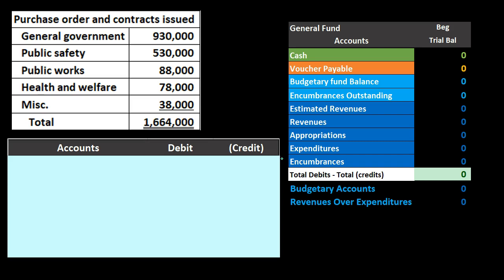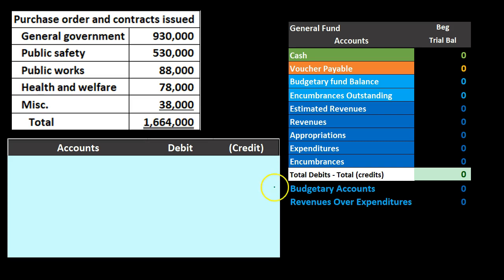It's going to start at zero, it's going to go up, and then it's going to go back down to zero based on when it should be cleared out, based on when the actual expenditure is incurred, not like a temporary account, when we close out all of the income statement accounts to equity for a for-profit organization, or the net assets, assets minus liabilities, for a governmental type of organization. So it's an unusual, different type of account that we see down here on the income statement side.